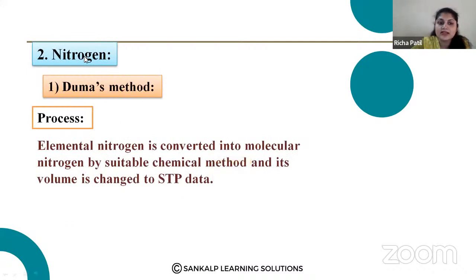Then next is nitrogen. How do we carry out quantitative estimation of nitrogen? First is the Dumas method. Elemental nitrogen is converted to molecular nitrogen, that is N is converted to N2, by a suitable chemical method, and its volume is changed to STP data.